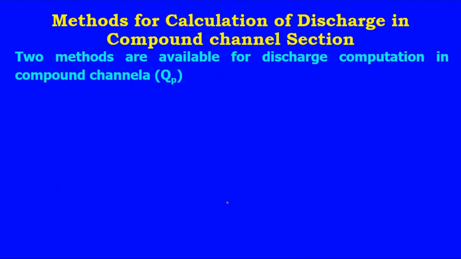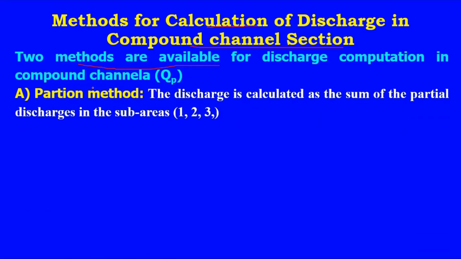Let us now see methods for calculation of discharge in a compound channel section. Two methods are available for discharge computation in the compound section. The first one is the partition method. In this method, the discharge is calculated as the sum of partial discharges in the sub areas 1 to 3. You will sum up areas and also velocity and perimeter.